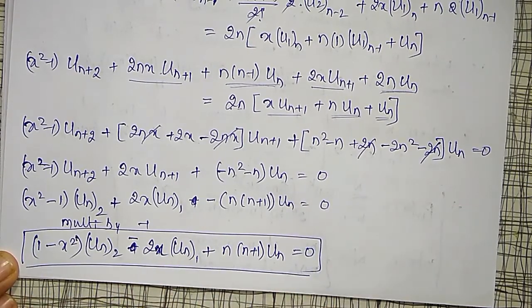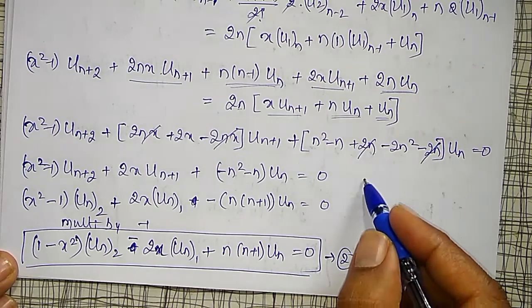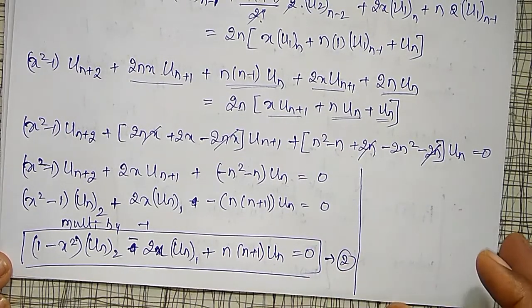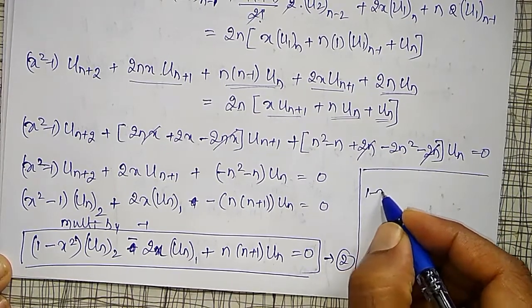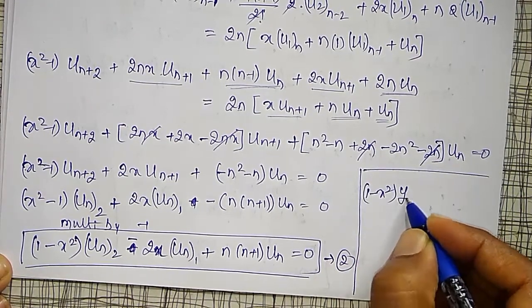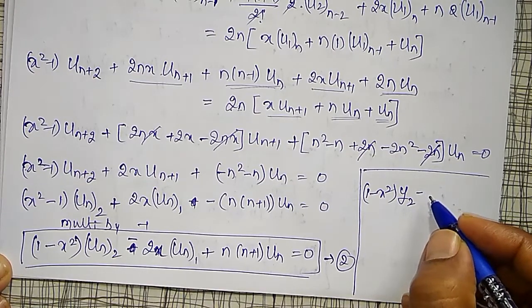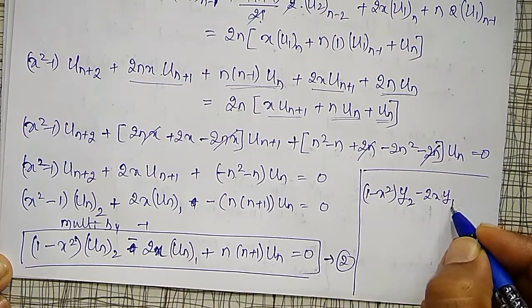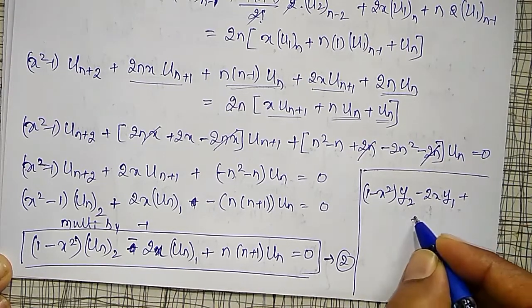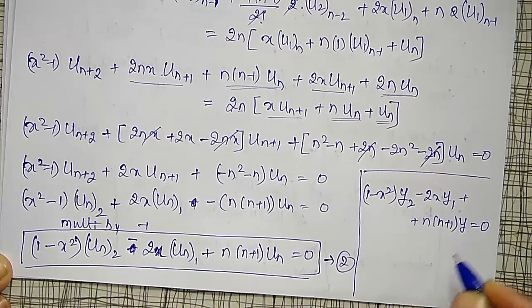Just observe this equation. This is very much similar to our Legendre's differential equation. What is my Legendre's differential equation here? I will write just 1 minus x square into y2 minus 2x into y1 plus n into n plus 1 into y equal to 0.